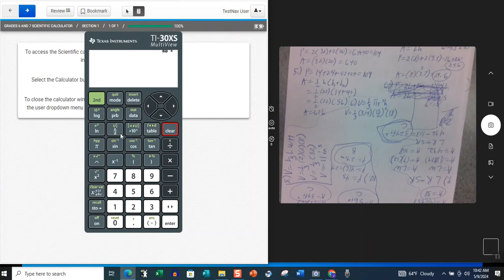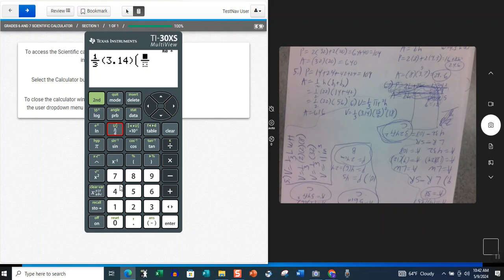Clear this out. We do N/D, 1 at the top, down arrow, 3 at the bottom, right arrow. Then open parenthesis, 3.14, close our parenthesis, open a parenthesis.